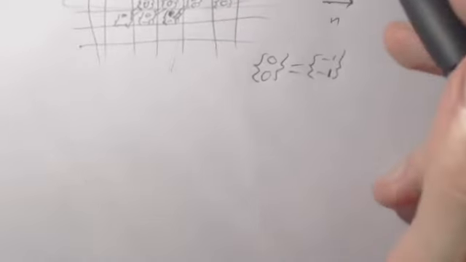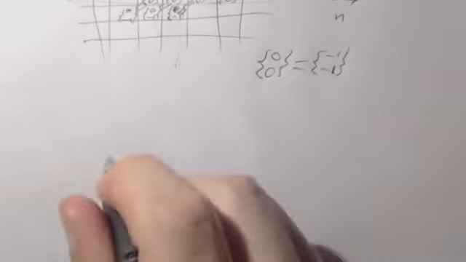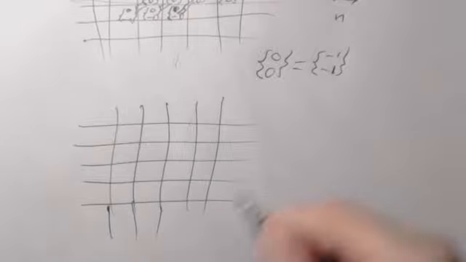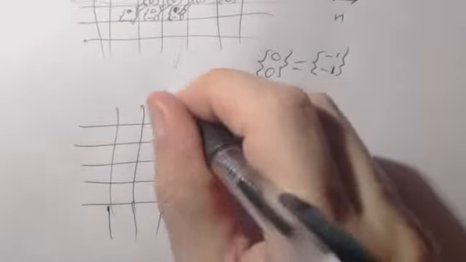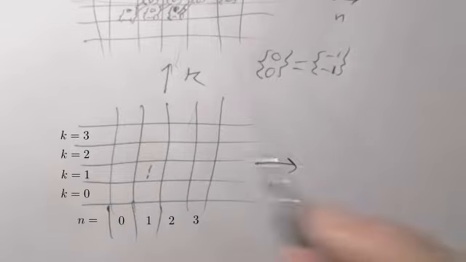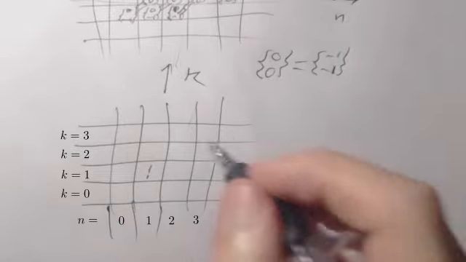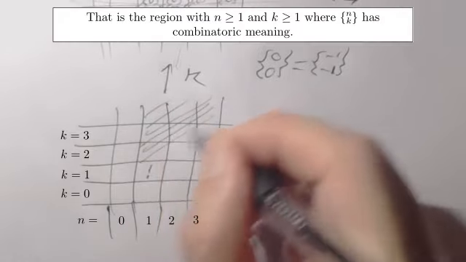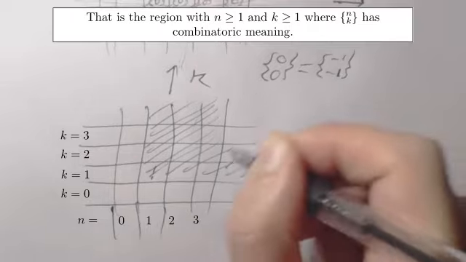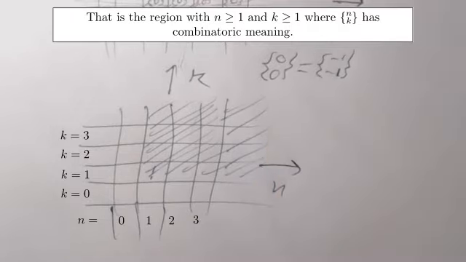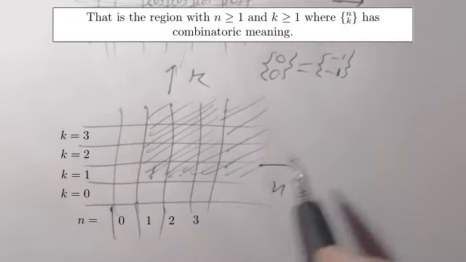So what we know for sure, if I rewrite my grid, n's go this way, k's go this way, and say this is 1, 1 here. We can work out the Stirling numbers for this region up here, based on what we know already.